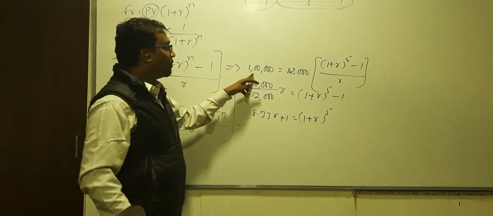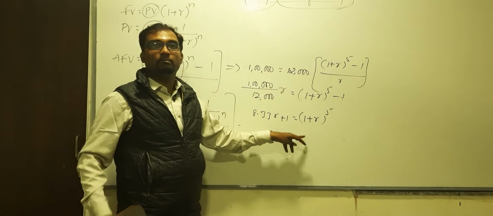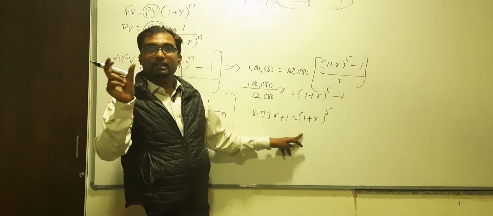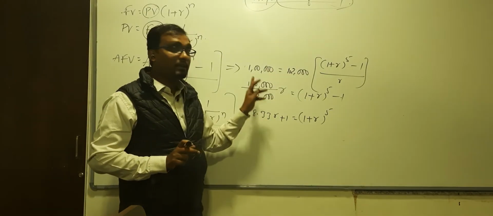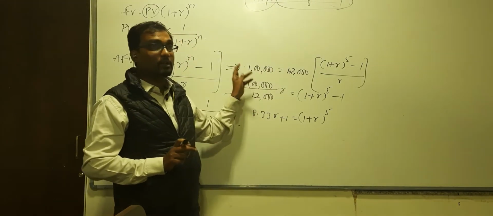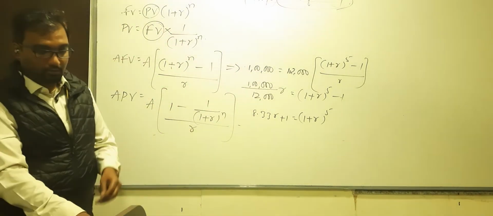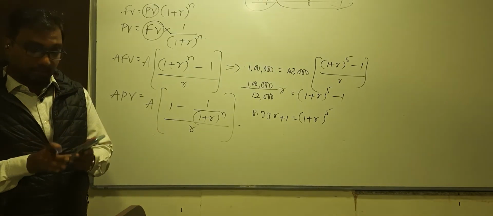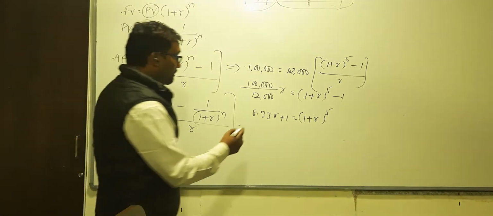One should give a value above 1 lakh, another should give a value below 1 lakh. That means your r rate is in between. That's how we calculate it, by interpolation.